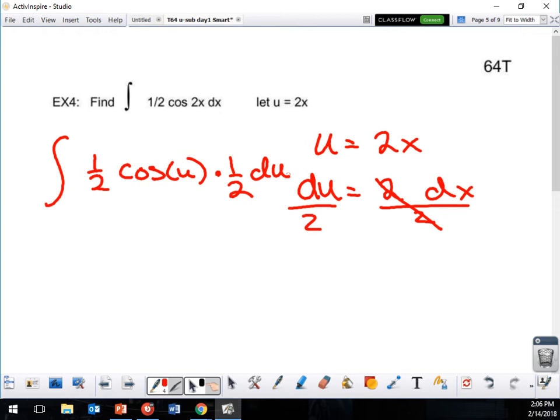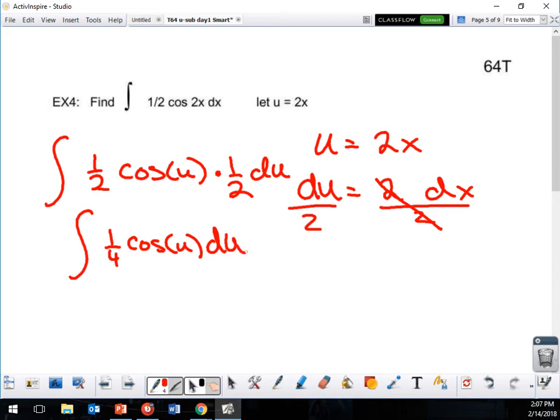I couldn't take care of that 2 right away because that 2 isn't always there. Sometimes I'm going to have to divide it from both sides, so I'm just going to replace the dx by itself with everything on this side. Now it's going to be the integration of 1/4 cosine u du.